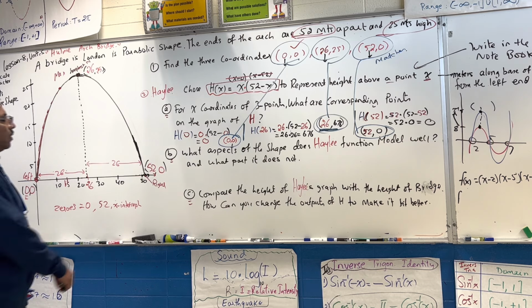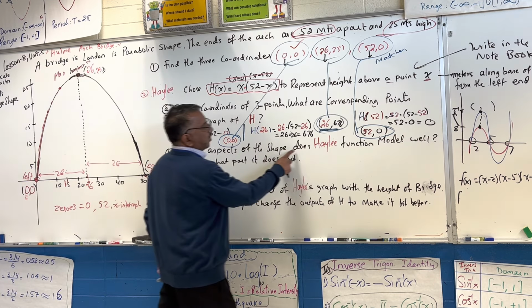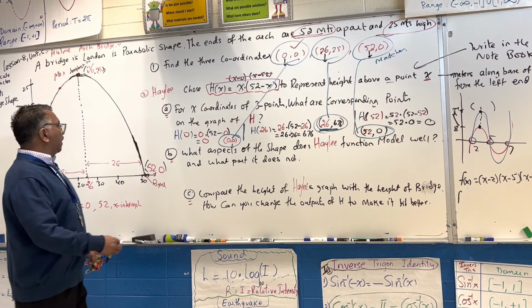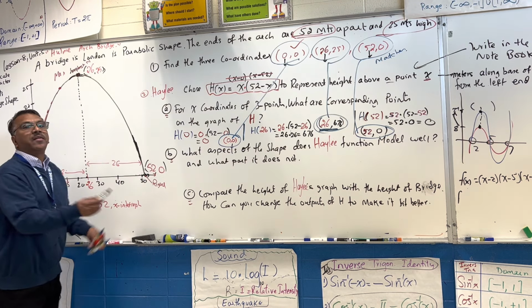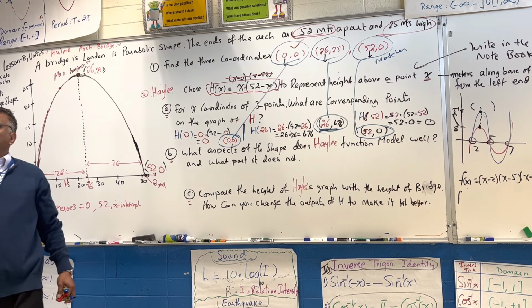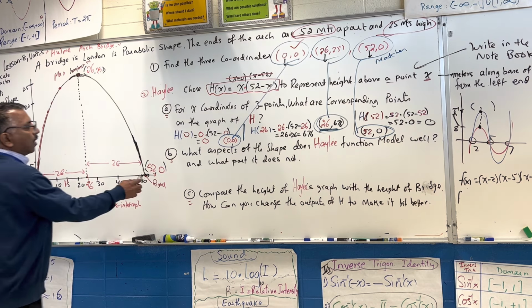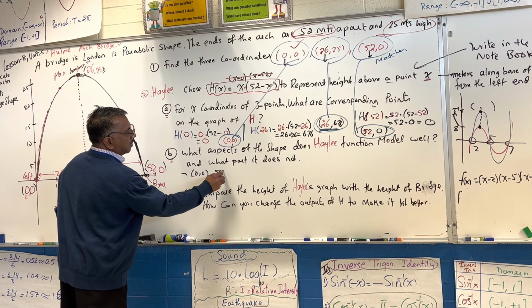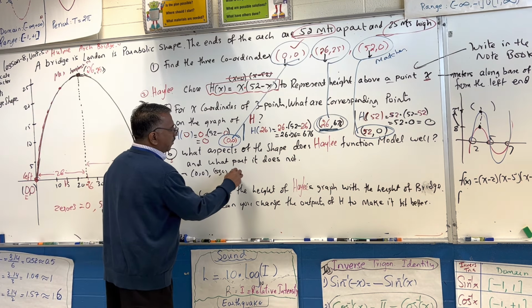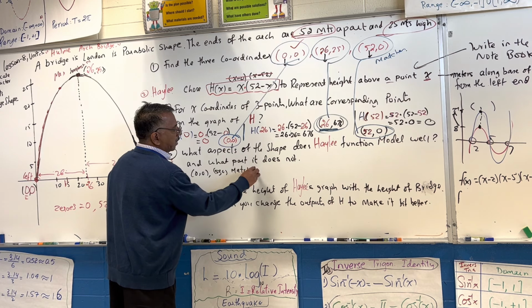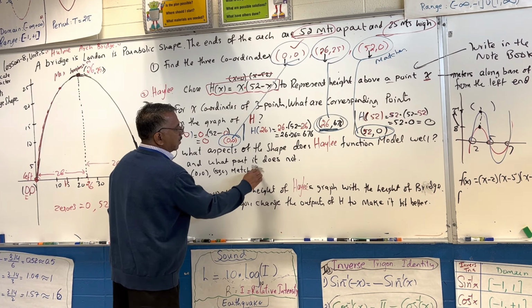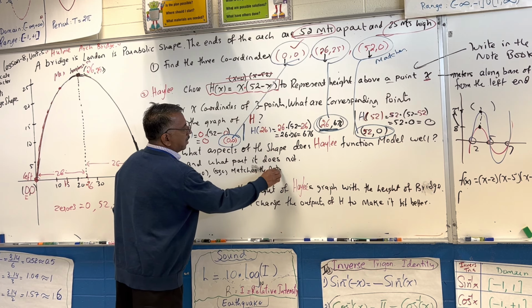Haley fits the bridge. My question is, what aspects of the shape does Haley's function model well? So it models well the first point and the last point, correct? Can you write down? For this one, you can write the answer as (0, 0) and (52, 0) match. Haley's bridge matches the actual bridge.